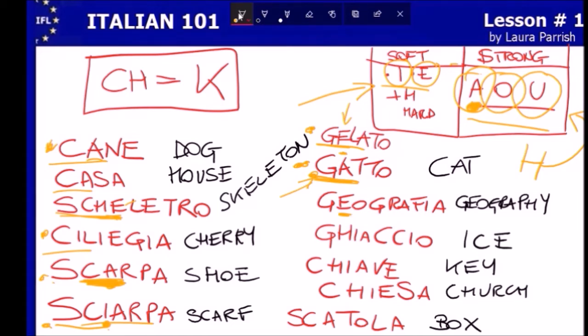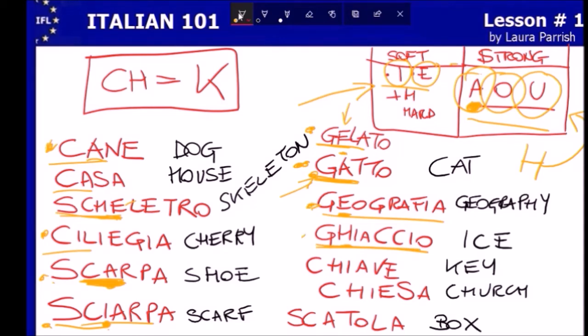Let's see the next one. Is this one a soft or a hard vowel? Soft, correctly. So you read geografia. See? Geografia. Which letter is H? H makes a soft or strong sound? Strong. So it will be ghiaccio. Ghiaccio. See?